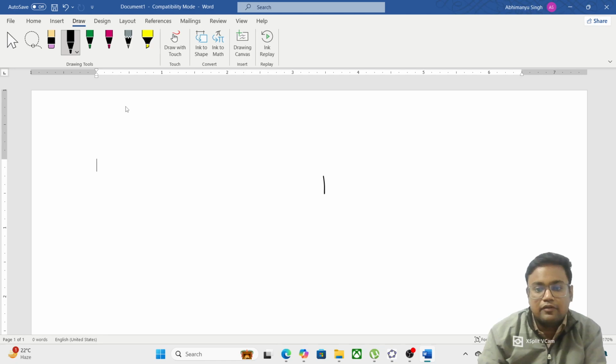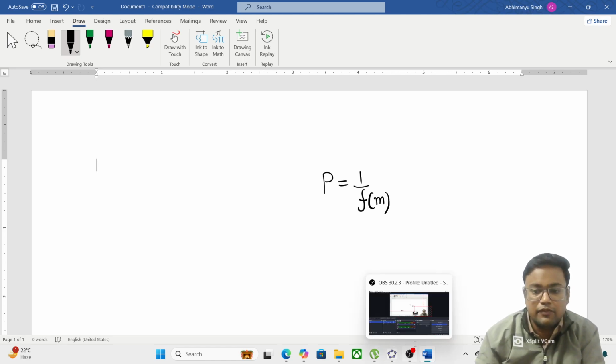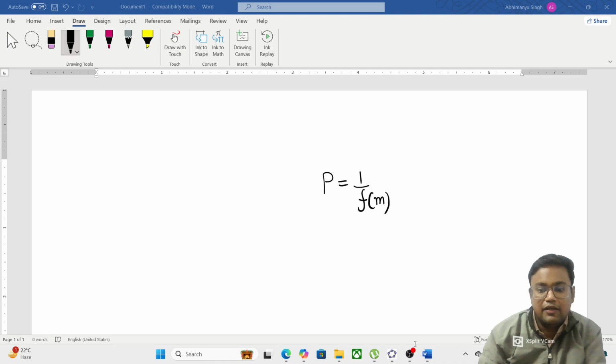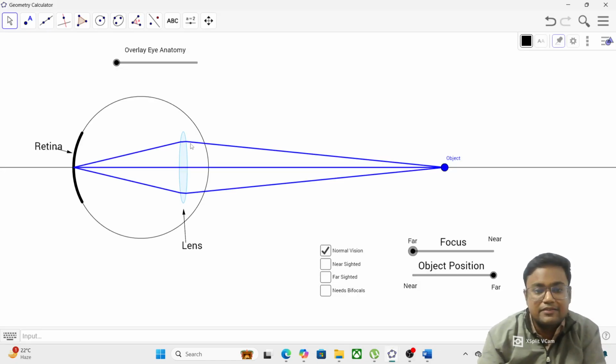We know that power is equal to the reciprocal of focal length, or 1 by f, and focal length will be calculated in meters. Now what happens when the object is very, very far away and your eyes are able to focus on it? The lens is thinner, causing the focal length of the lens to rise.